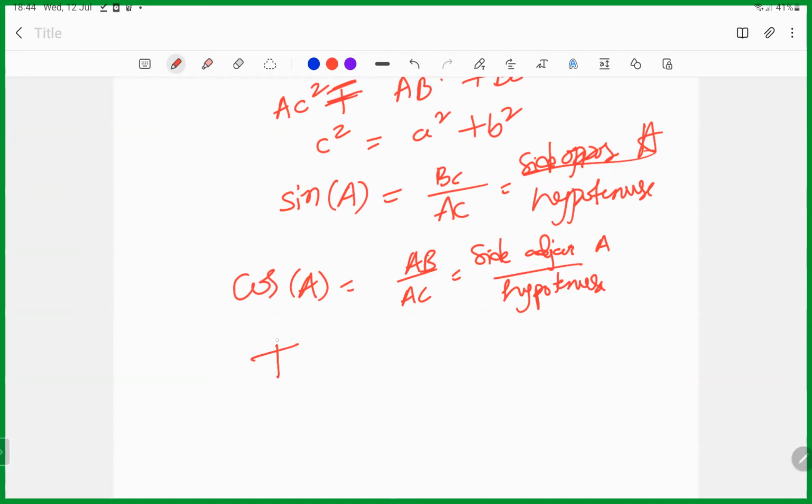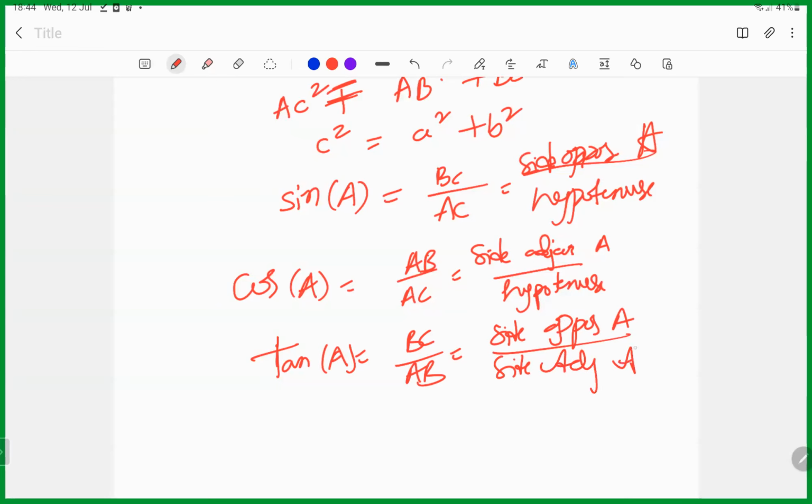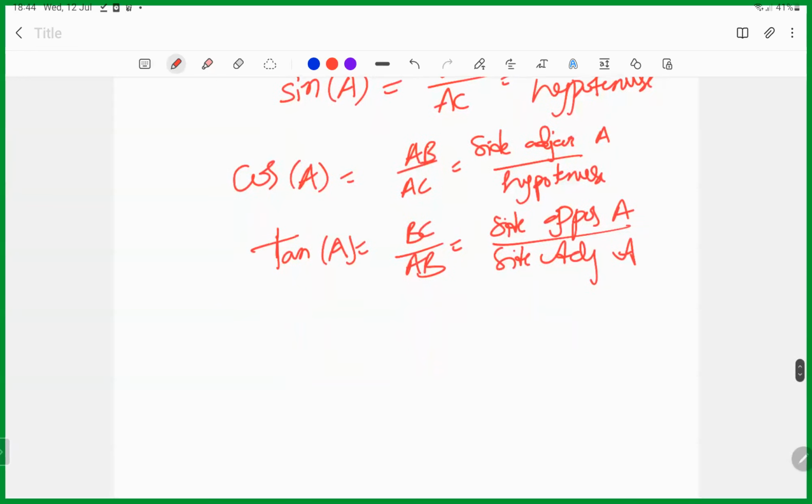Tan A is BC by AB, the side opposite by the side adjacent to angle A. What about cosecant A? Cosecant A equals 1 by sin A. Secant A equals 1 by cos A. Cot A equals 1 by tan A. Cot is cotangent, tan is tangent, sin is sine, cos is cosine, sec is secant, cosec is cosecant. Okay.